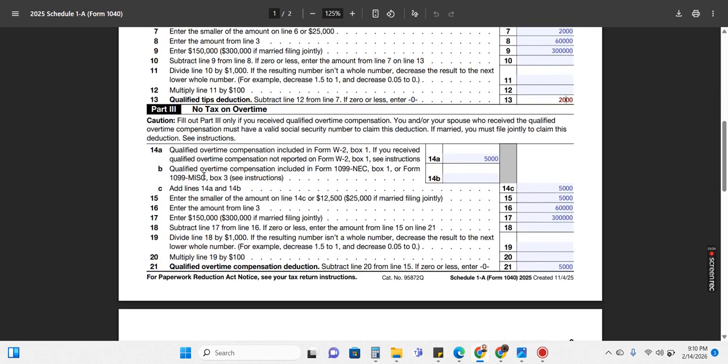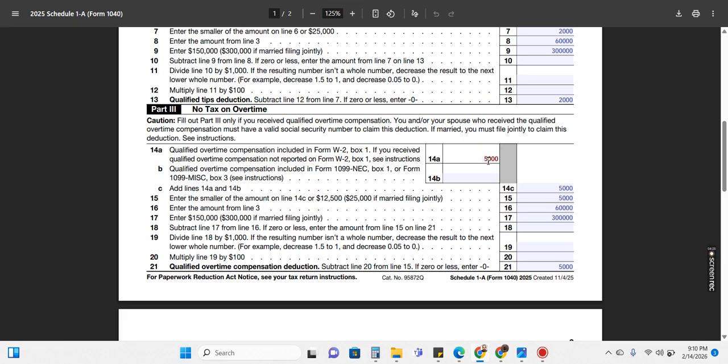Now we have Part 3 of this Schedule 1A, which is no tax on overtime. How do you calculate the overtime for this year? Even if you are receiving overtime, take your total overtime income and divide it by 3, so the overtime premium portion is 5,000 for the year.